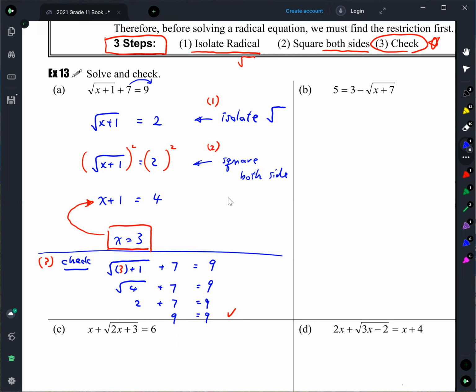The last step is the most important one. Without checking, sometimes you might have extra answers.